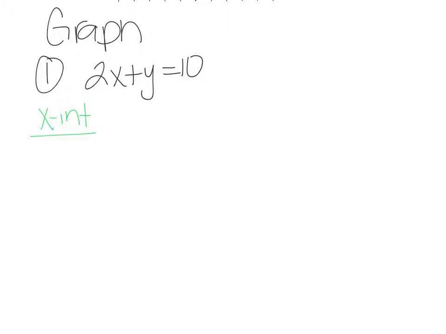Okay? So if I want to find my x-intercept, I'm going to plug 0 in for y. So we're going to take 2x plus, but instead of y, we're going to plug in 0. And notice now that I only have one variable, and I could solve. 2x plus 0 just gives me 2x. So 2x equals 10, divide both sides by 2, and I get x equals 5.